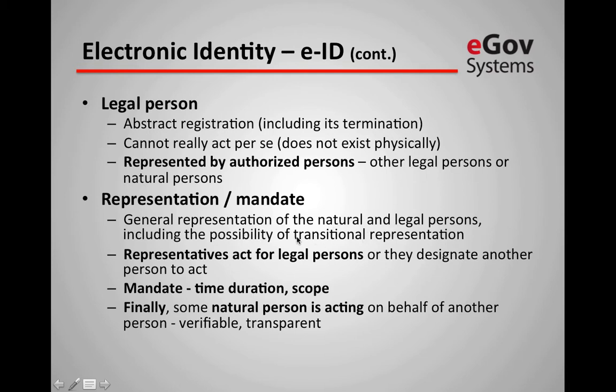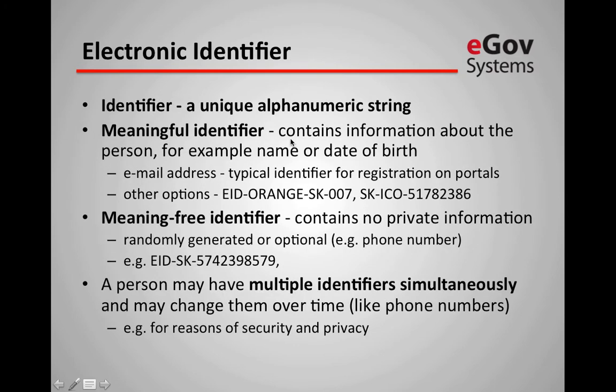That means if I mandate somebody, he or she may mandate somebody else, a third party, to act for me if I allow this, based on the Civil Act. Of course, finally, for a legal person, some natural person is acting, either directly mandated or mandated by somebody else.